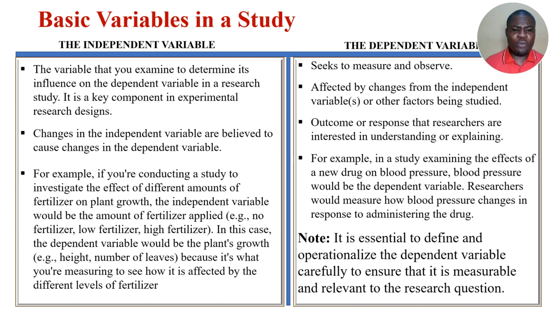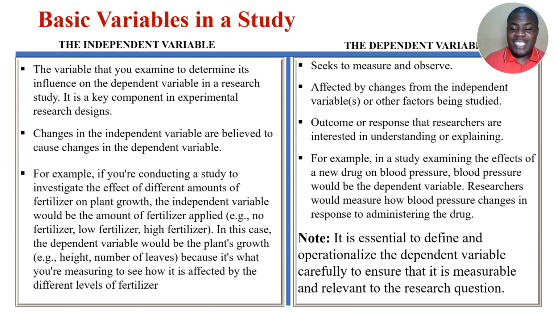For example, if you are conducting a study to investigate the effect of different amounts of fertilizer on plant growth, the independent variable would be the amount of fertilizer applied. The dependent variable would be the plant's growth. It can also be decomposed into height or number of leaves.